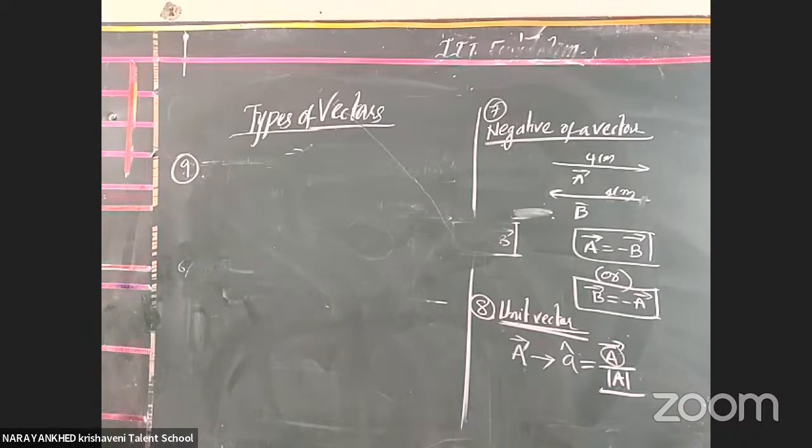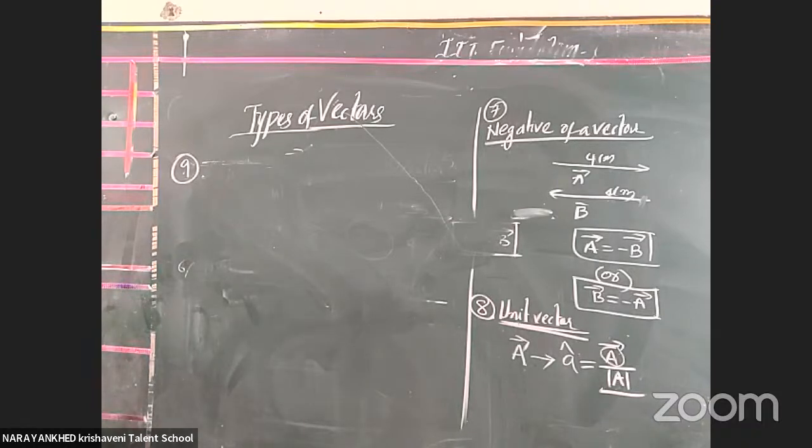When the resultant of two vectors is equal in magnitude but opposite in direction, it is called a null vector or a zero vector. It is represented by zero bar. The initial point and terminal point of the null vector coincide, so the direction of a null vector is indeterminate.